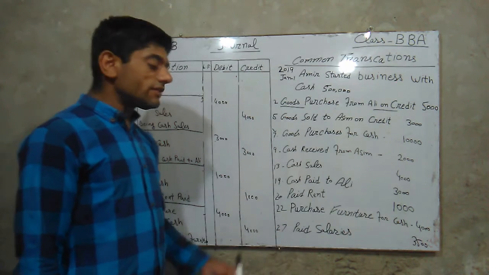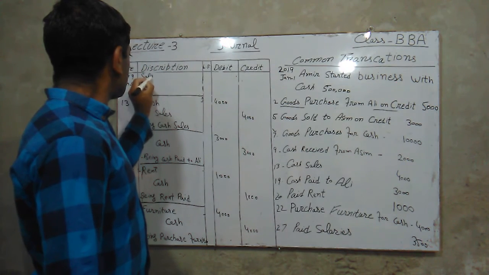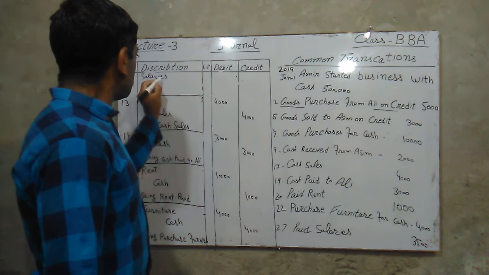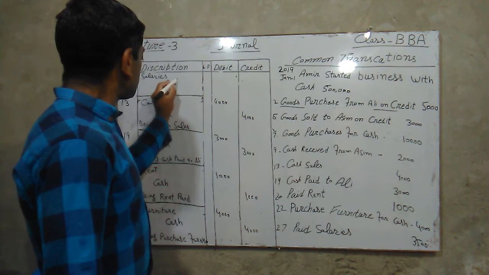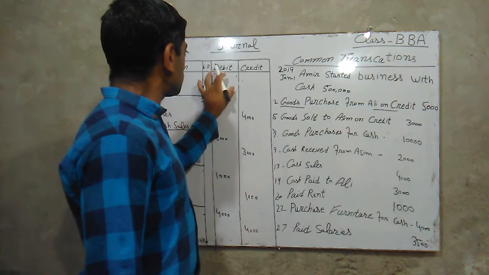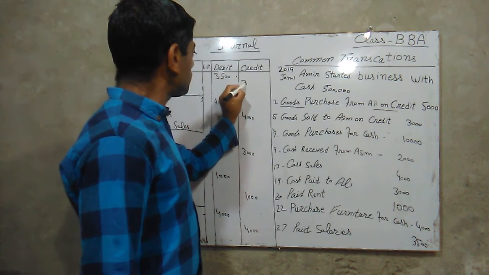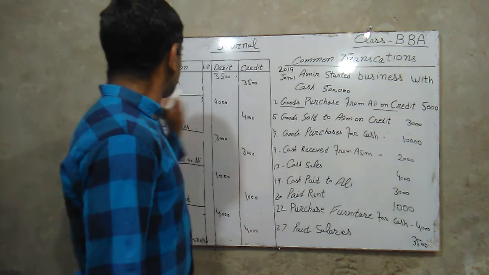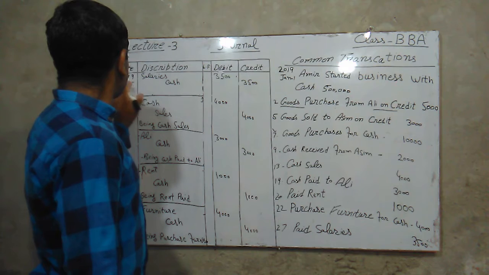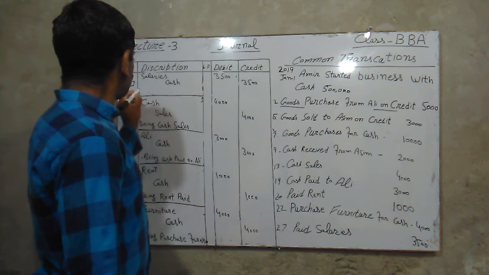Salary expense increases, so it's a debit. Salary debit, cash credit, 3,500. So now change the date here, 27.